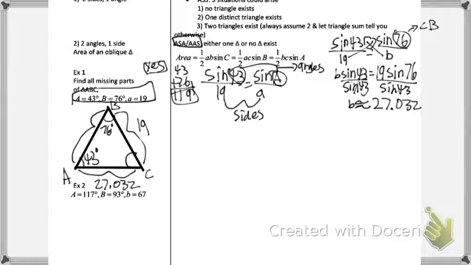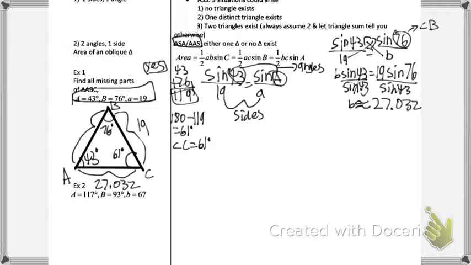So 180 minus 119 gives us 61 degrees. So angle C equals 61 degrees.